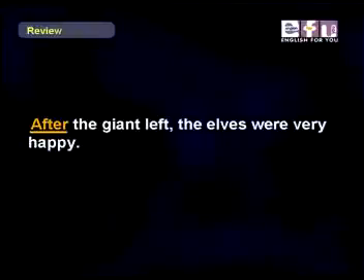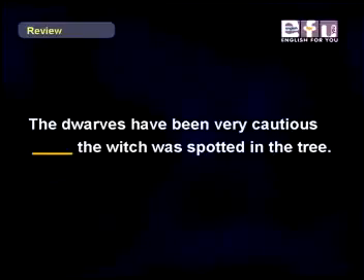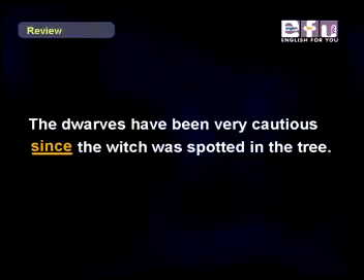After the giant left, the elves were very happy. Rosa, here's one for you. The dwarves have been very cautious, something, the witch was spotted in the tree. The dwarves have been very cautious since the witch was spotted in the tree. Good. The dwarves have been very cautious since the witch was spotted in the tree.